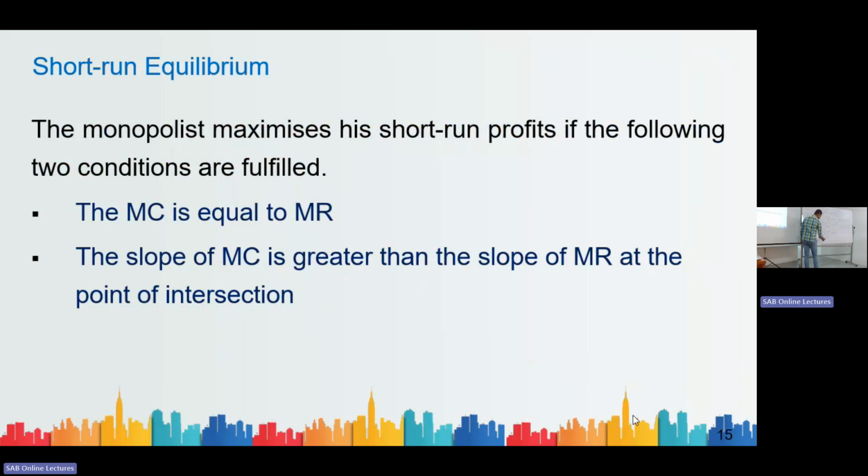That will be the answer for Q. 50 divided by 0.4. Is it 125? Q star is 125. That is the profit maximizing output level.